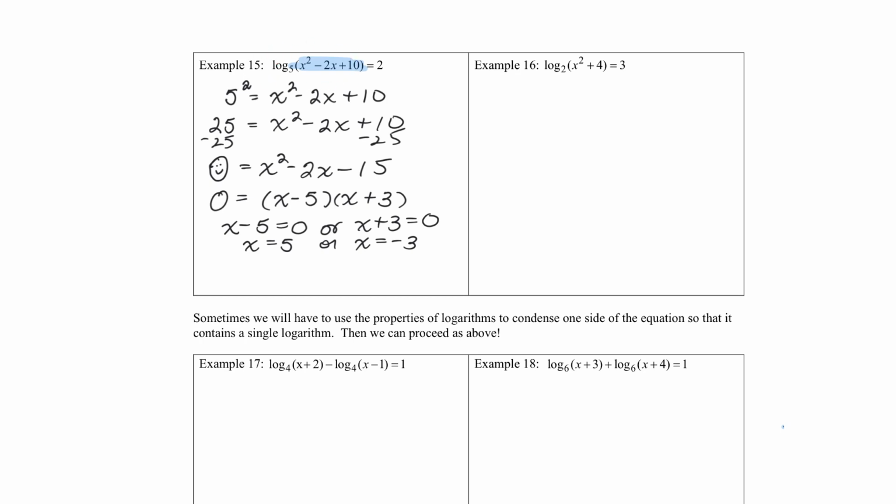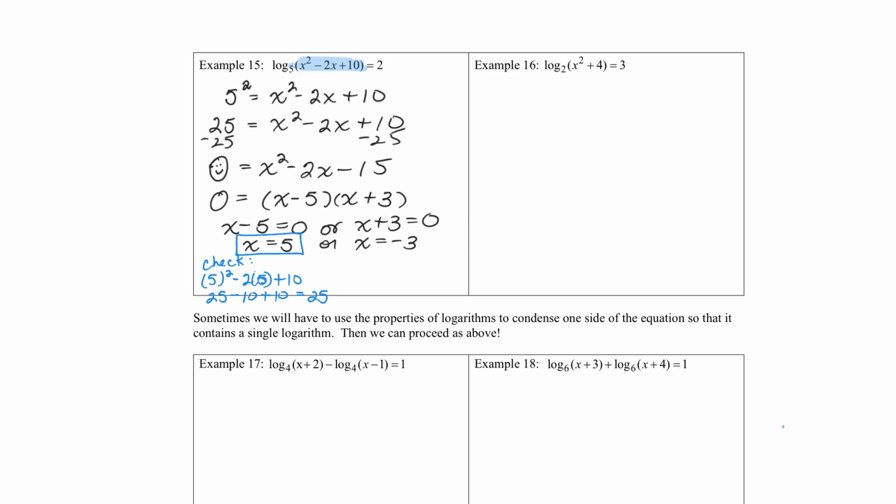Well, let's check to see. So I'm going to check by plugging in 5. 5 squared minus 2 times 5 plus 10 is equal to 25 minus 10 plus 10, which is 25. So this is a valid solution.